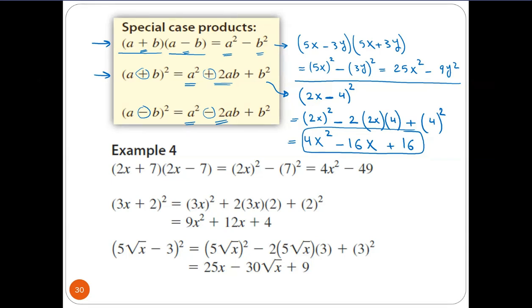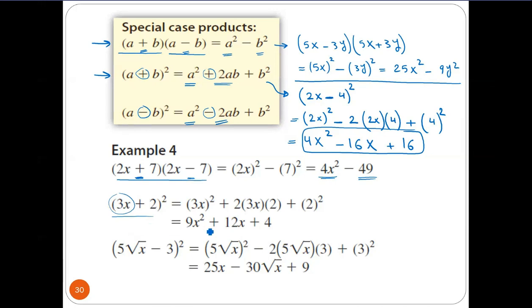Okay, and we have some examples. For example, like this, if we have just the difference, positive, negative, addition, subtraction. So the first square 4x square minus the second square 49. Look at this also.